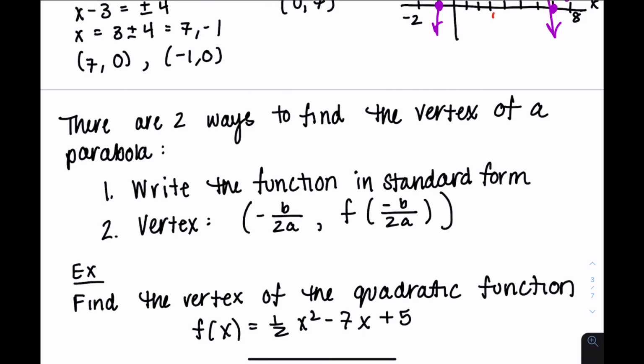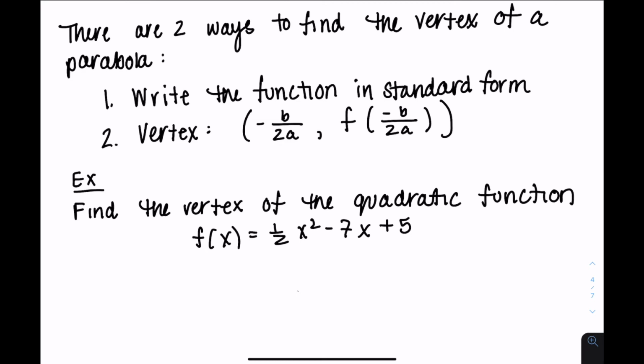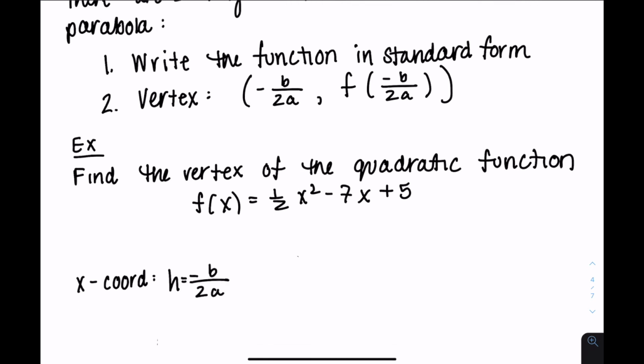So let's go about this second method with this quadratic function. We just want to find the vertex. We don't need anything else. This one's a lot harder to complete the square because you have that 1/2 out front. So instead we're going to use this formula to help us out. Our x-coordinate of the vertex is h.